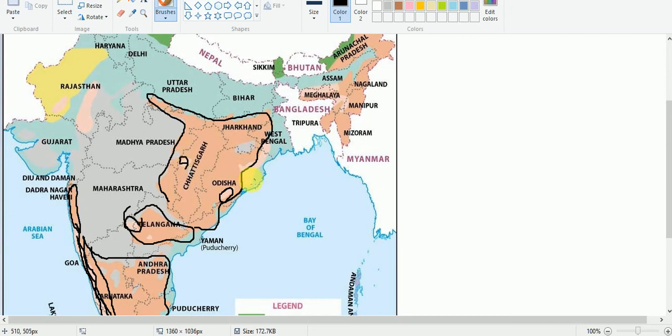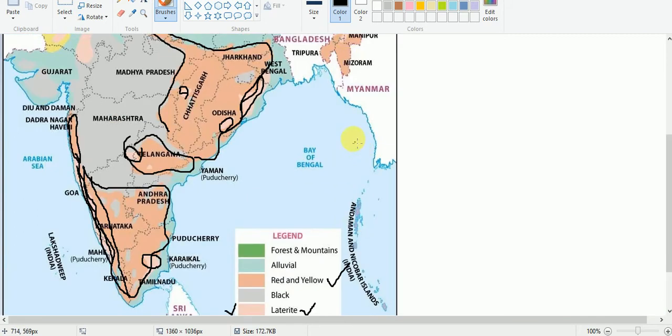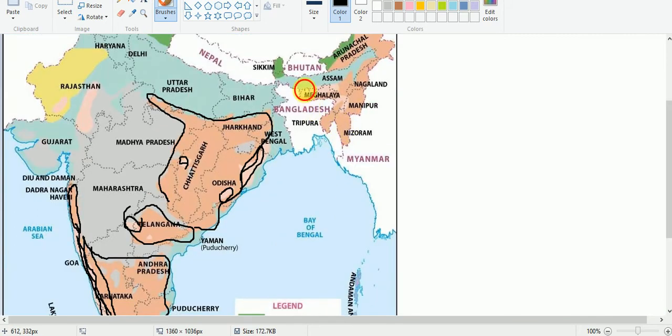Not widespread. Most of these are in patches in the Meghalaya area, the western part of Manipur, and some part of Assam. The remaining areas are actually covered with red and yellow soils.